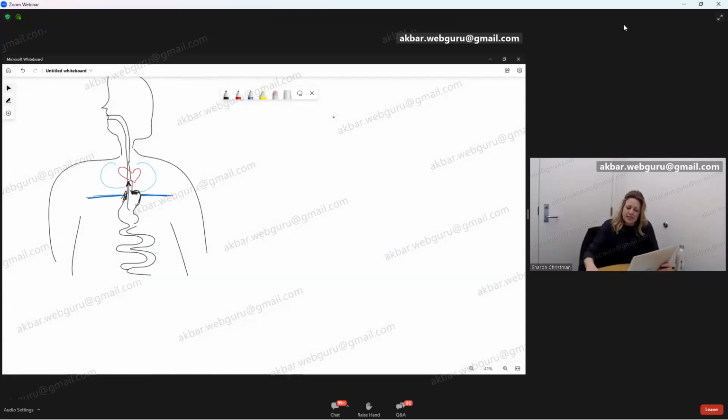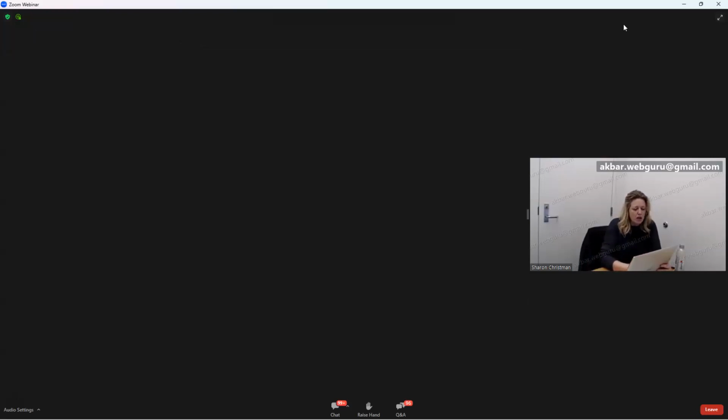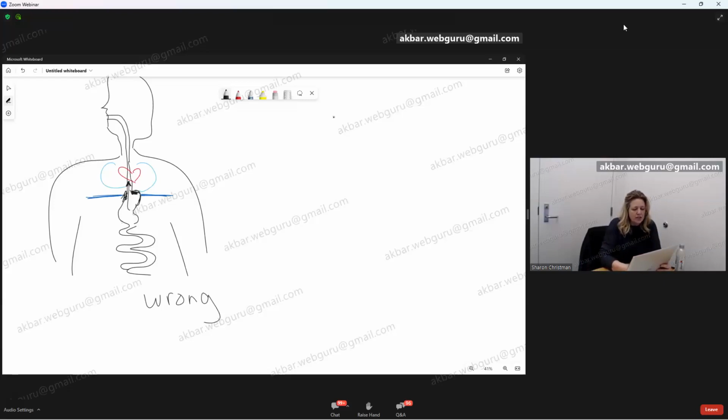So if you look right below, it says gastric contents move in the wrong direction at the right rate. Now, this is a pattern of opposites. This is the first time we've done a pattern of opposites.